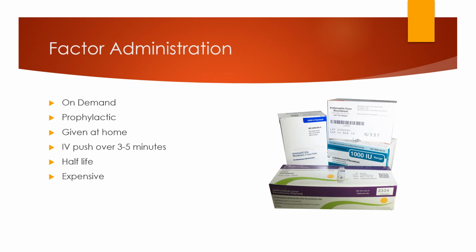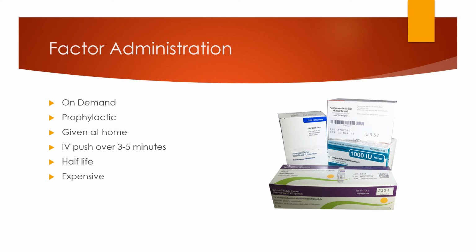We could also give it if we know there's a time that they're going to anticipate a bleed, in the instance of surgery or immunizations. So on demand means that a patient actually has an active bleed going on, and so we're giving it to them to counteract that bleed. Or we have an individual who is going to experience a bleed. They're going through surgery, they're getting an immunization, and so they have to have that factor to counteract that.